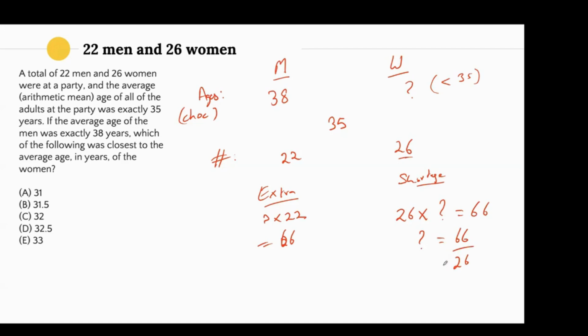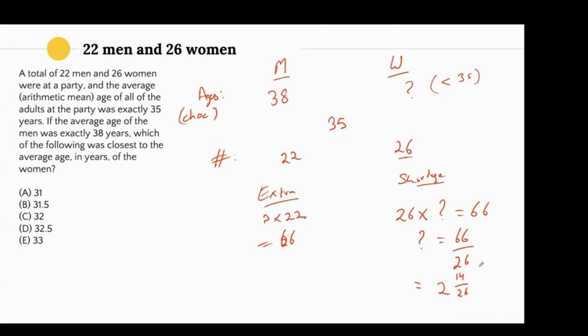I find one extremely, what's the right word, less used form of numbers: mixed fractions. So if I were to convert this number into mixed fractions, 26 times 2 is 52, sorry. So 52, and then the remainder is 14. 14 by 26.